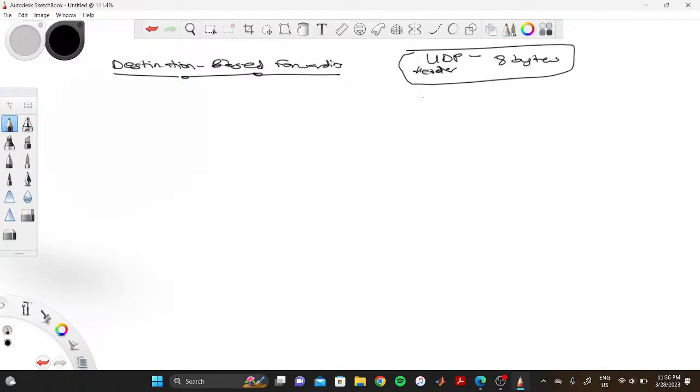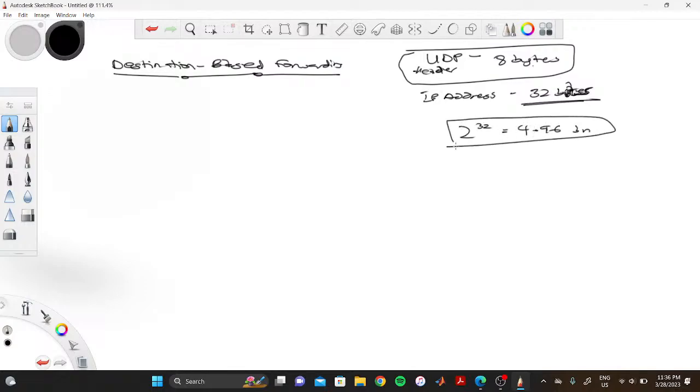So an IP address is 32 bits. That means it has almost 4.96 billion addresses that you can address.